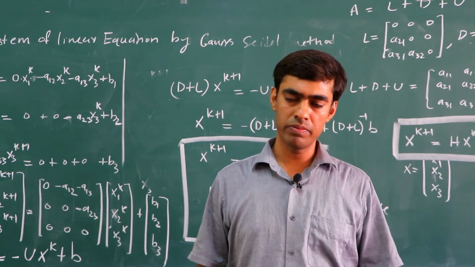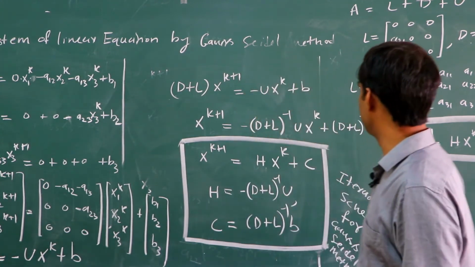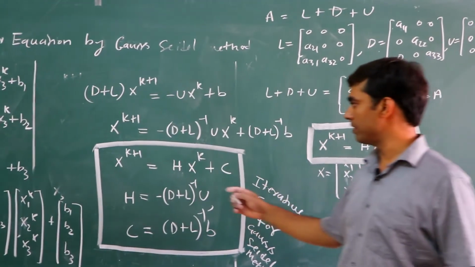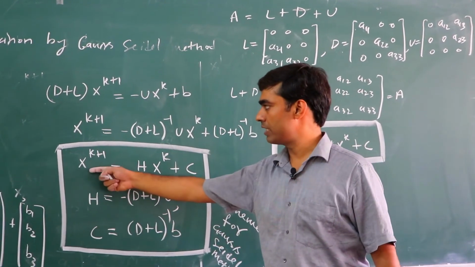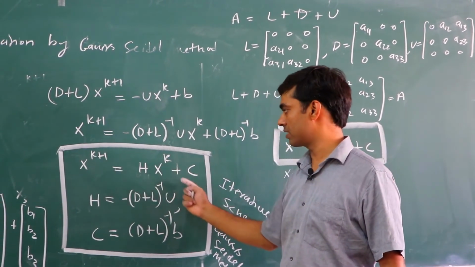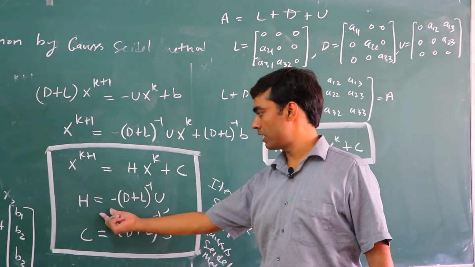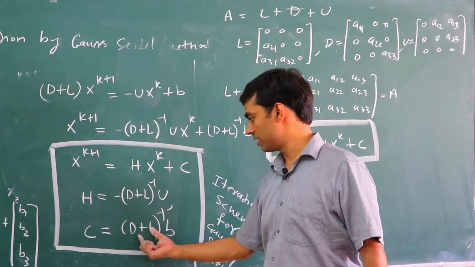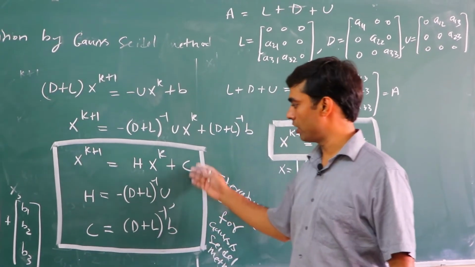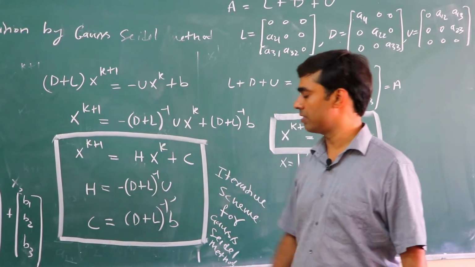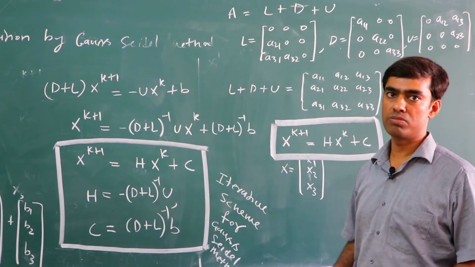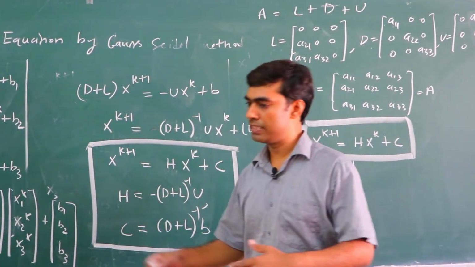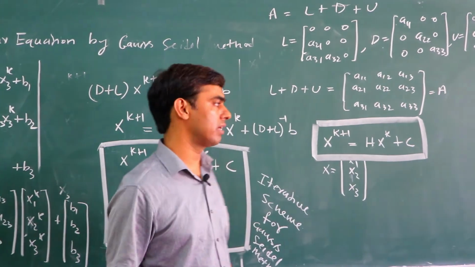Otherwise, in matrix form, for a given A we write L, D and U, then directly write the iterative scheme: x k plus 1 equals H x k plus C, where H is minus D plus L inverse U and C is D plus L inverse V. Once we find H and C, we initialize x10, x20, x30, then find the next iterations up to a desired level of accuracy.